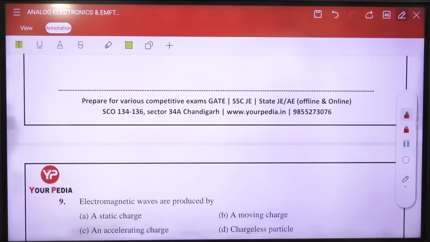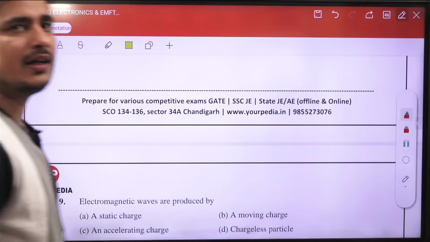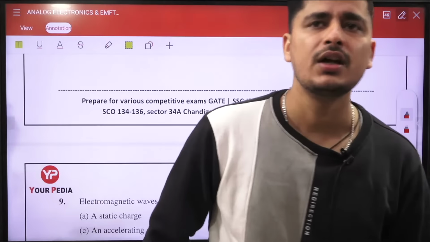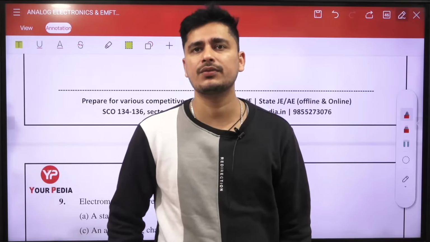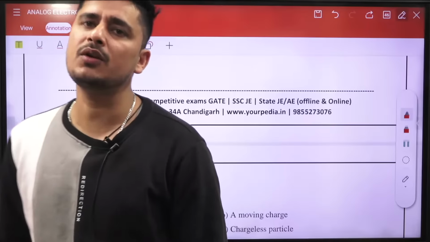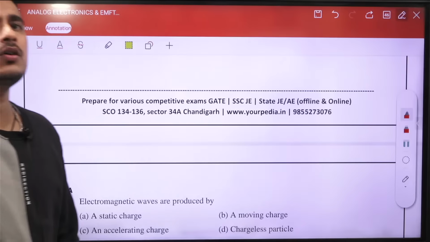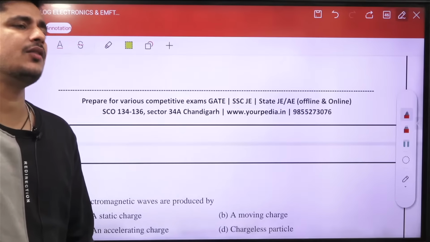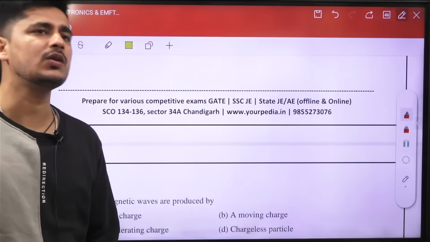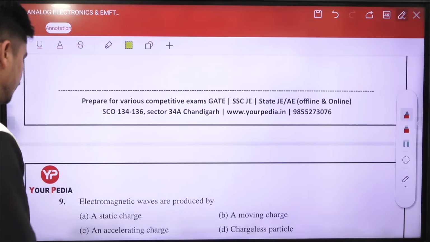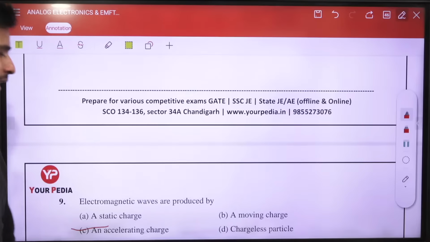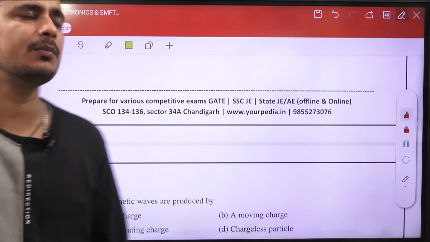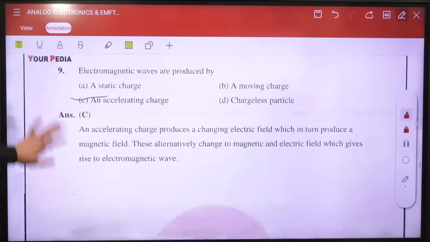Moving charge will produce a constant current, and constant current will not produce a time varying electric or magnetic field. That will produce a uniform, constant static magnetic field. A static magnetic field cannot generate an EM wave. So we require a time varying field, which can only be generated by an accelerating charge.